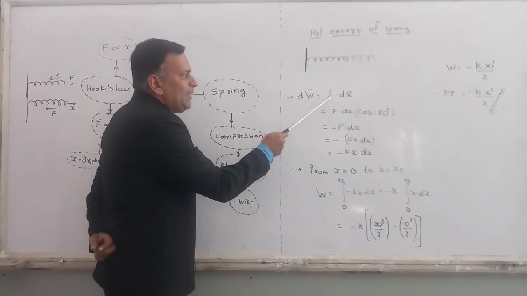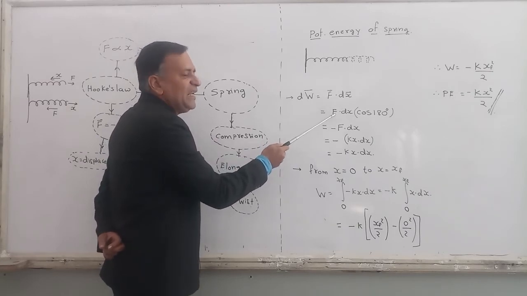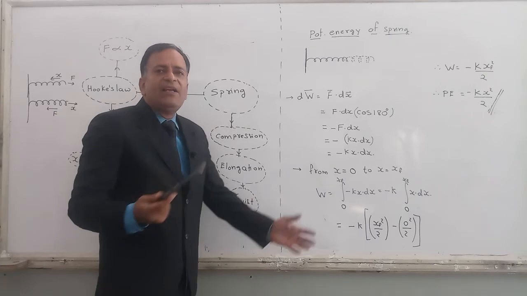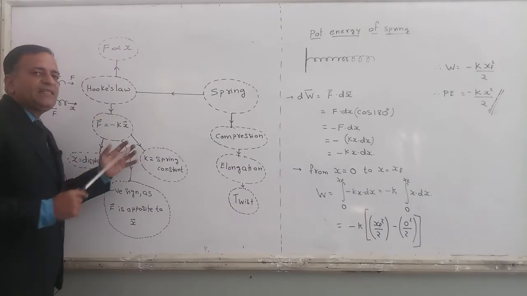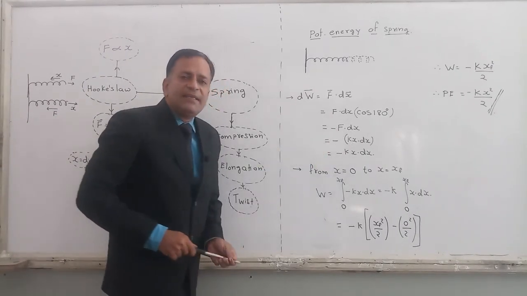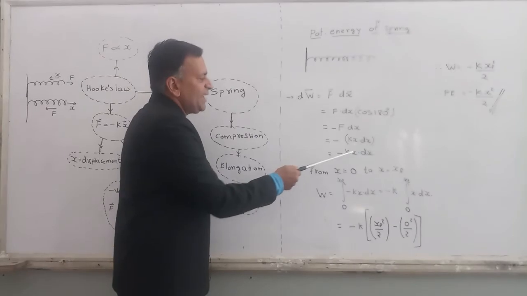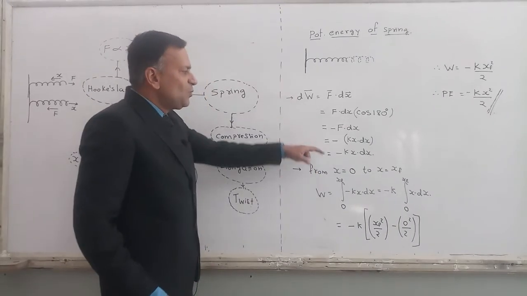Here, when you multiplied this with this, you have now converted force into a scalar quantity. Scalar quantity में directions are meaningless. ये minus sign क्यों लिया था? Direction इन दोनों के opposite थे इसलिए. तो यहाँ पे when you put the value of F, it will not be minus kx, it will be simply kx. Expand this, what do you get? Minus kx dx. Okay, this is work done for a small displacement.